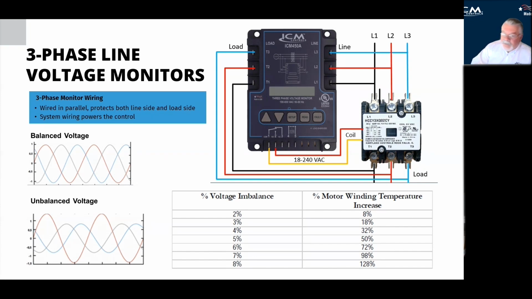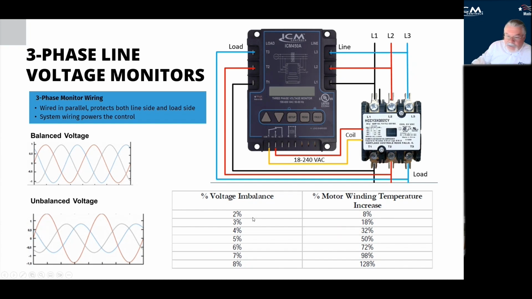Another condition that can be very devastating is unbalanced voltage. And this little chart here shows you. So this is a normal voltage, all three legs. This is an unbalanced condition. And what can happen is even with a 2% voltage imbalance, it can increase the motor winding temperature by 8%. And that's pretty significant.